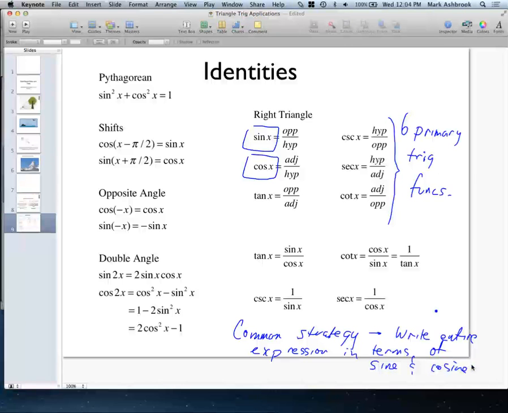And what makes that possible? These relationships right here. Tangent is sine over cosine. Cotangent, cosine over sine. Cosecant, 1 over sine. Secant, 1 over cosine.